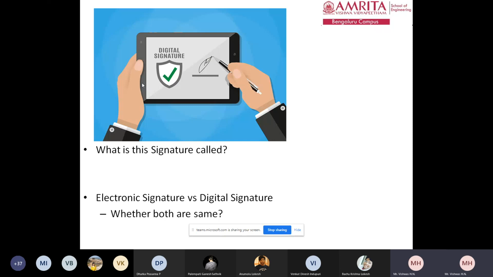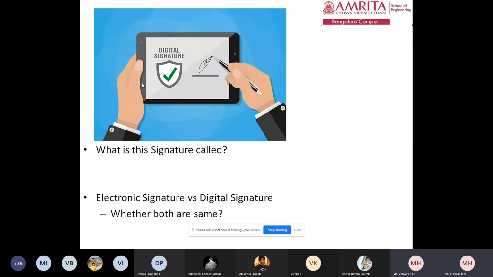When you have a screen and you sign with a stylus or your fingers, what do you call it? Can anyone tell me? Electronic signatures. Yes, you are right. Basically, they are electronic signatures. Don't have any confusion.